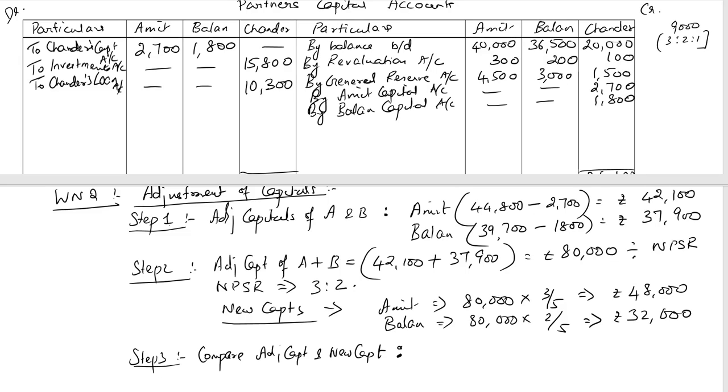So we need to debit Amit's current account with the difference, which is 5,900 rupees.